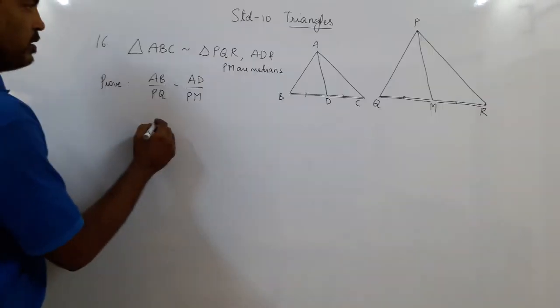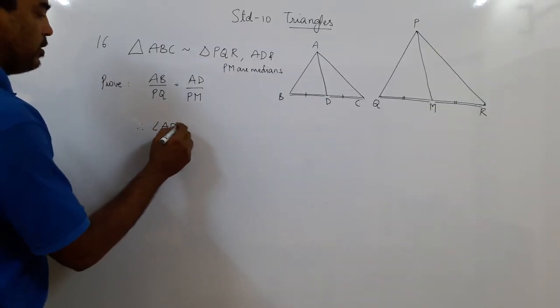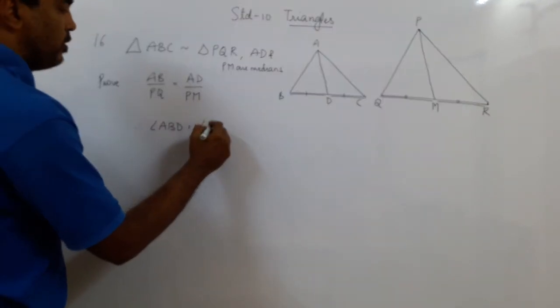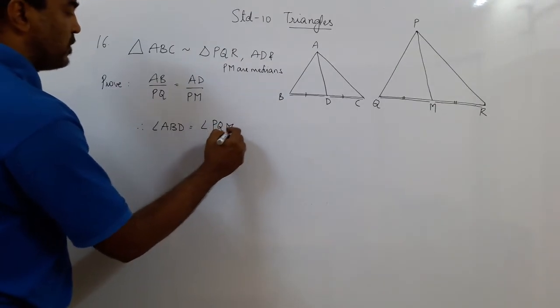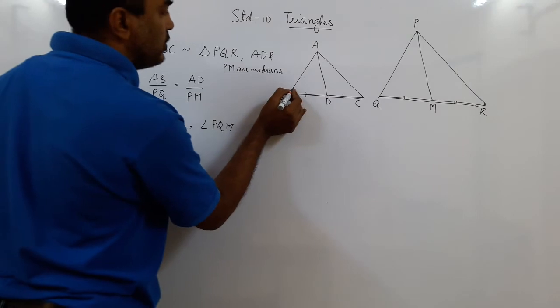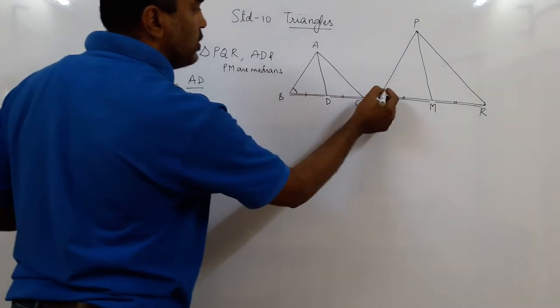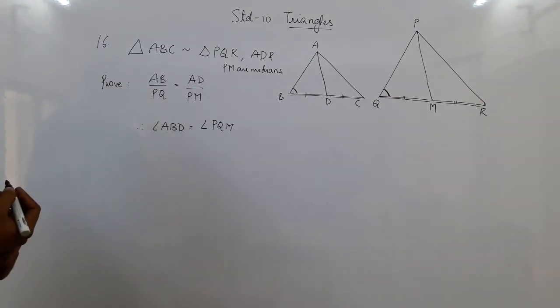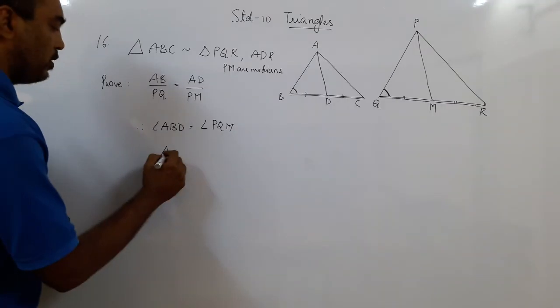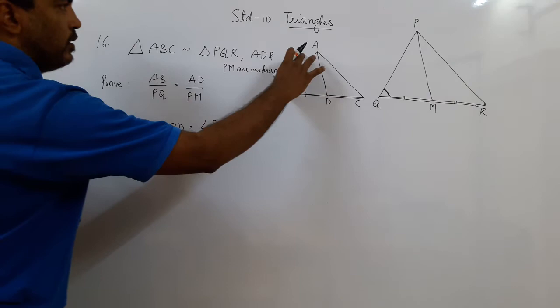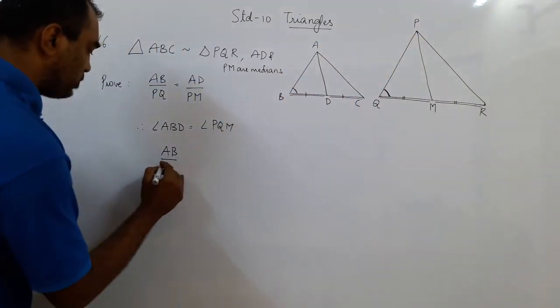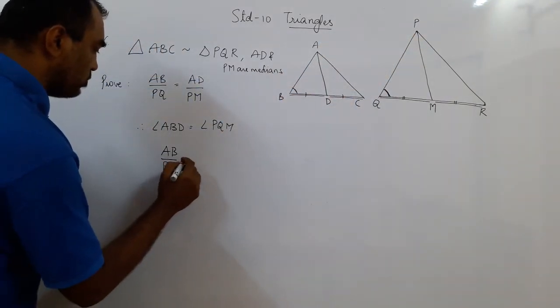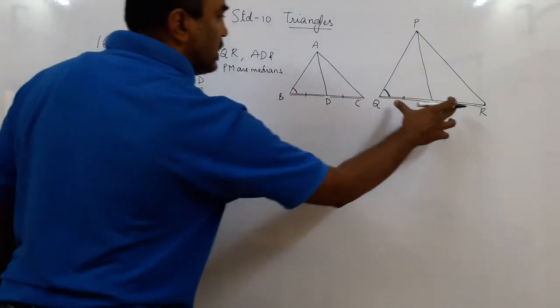Therefore, angle ABD is equal to angle PQM. Because these two triangles are similar, this angle and this angle are equal. Right? Also we have AB upon PQ equal to BC upon QR.